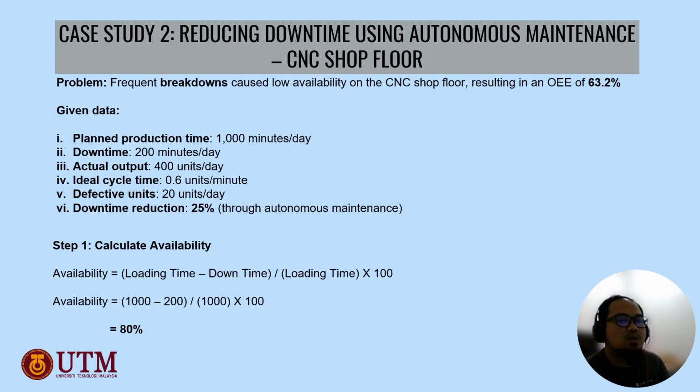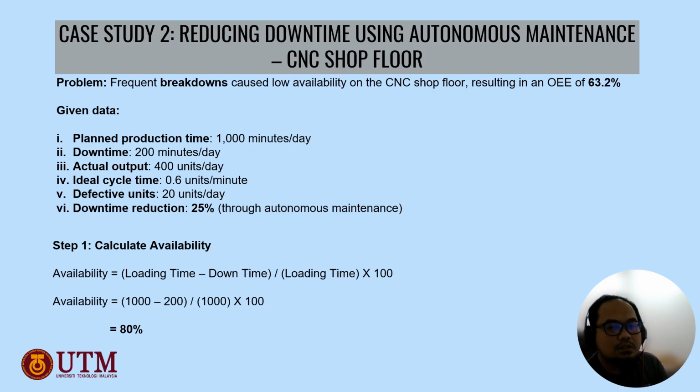From this problem, we have gathered the data: plant production time 1000 minutes per day, downtime 200 minutes per day, actual output 400 units per day, ideal cycle time 0.6 units per minute, effective units 20 units per day, and downtime reduction of 25%.